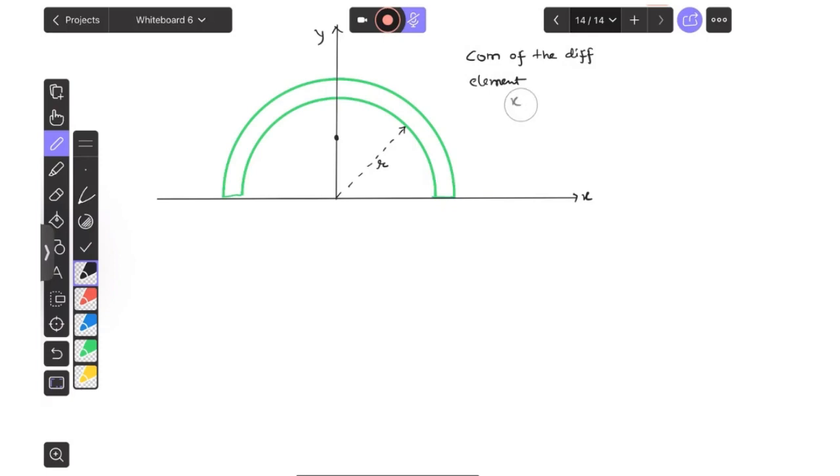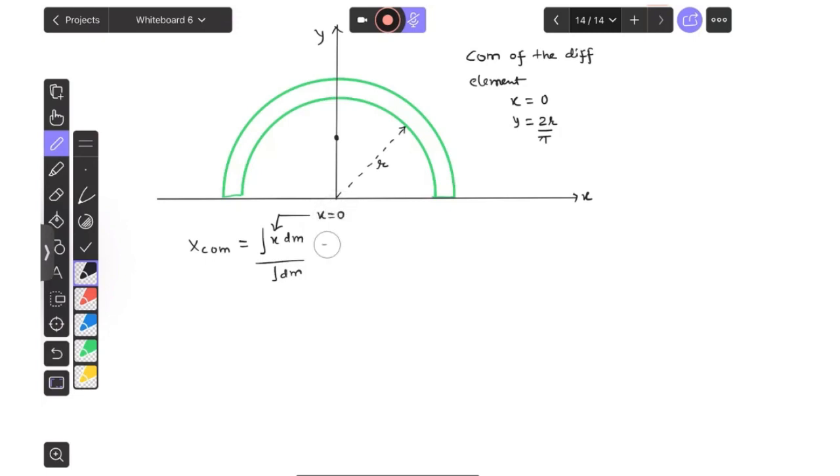So the x coordinate of the center of the mass is 0. The y coordinate of the center of the mass is 2r by pi. So xcm is going to be equal to integral of x dm by dm. Same formula, just here x will be the x coordinate of the center of the mass of the differential element. That is 0.